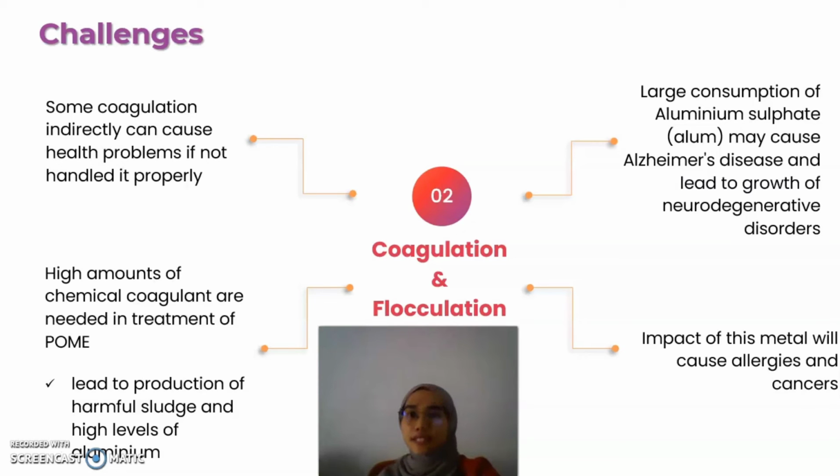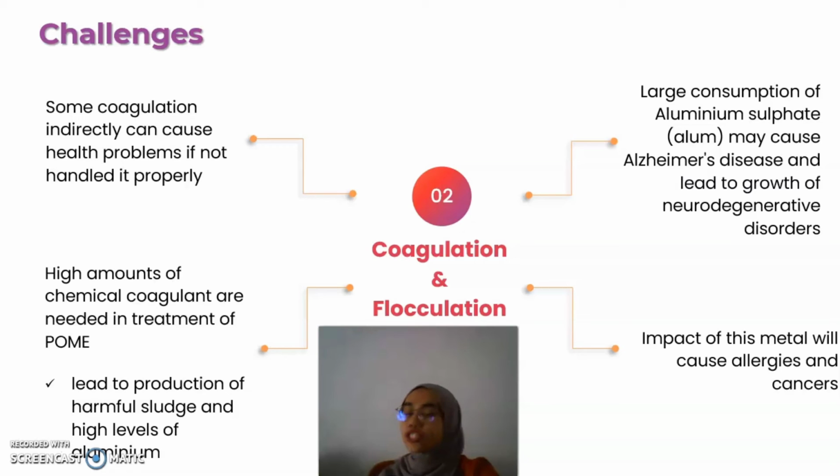For instance, a serious drawback of the large consumption of alum chemical coagulants is that it may cause Alzheimer's disease and lead to the growth of neurodegenerative disorders. Usually, high amounts of these chemical coagulants are needed in the treatment of POME.